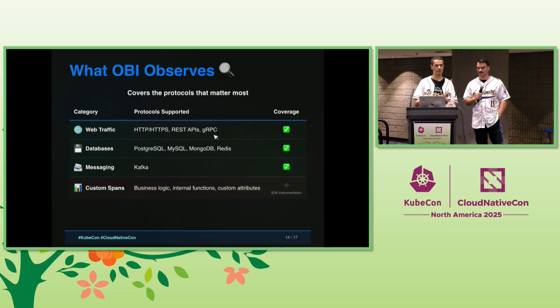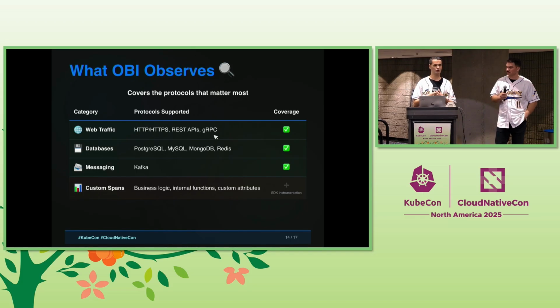So we are providing a generic instrumentation for your services, but of course, OBI cannot know your internal business logic. The good part is that it understands if you manually instrument, you take the OpenTelemetry SDK, add it to, for example, your Go program and start adding manual spans there, even if you haven't configured the full SDK to export the data, OBI will instrument those custom spans, so you don't need to choose between OBI and the SDK.